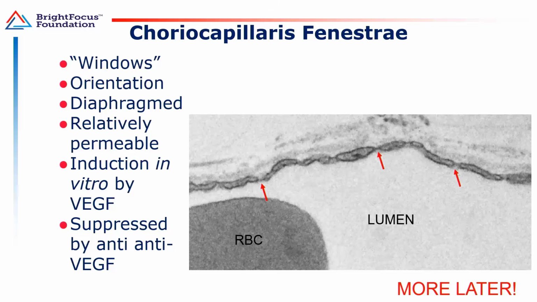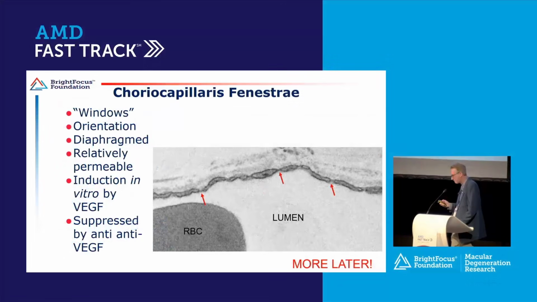They're mostly oriented toward the RPE, and they have diaphragms in the choriocapillaris that's different than kidney, where they're open. They can be induced in vitro with agents like VEGF, and they can be suppressed by agents like anti-VEGF. And I think we'll hear more later about endothelial fenestrae from Dr. Demore.